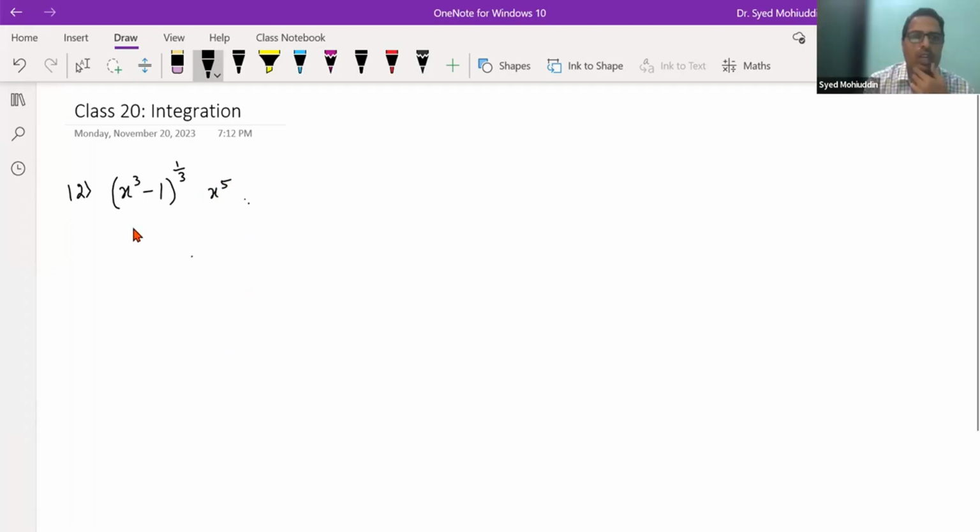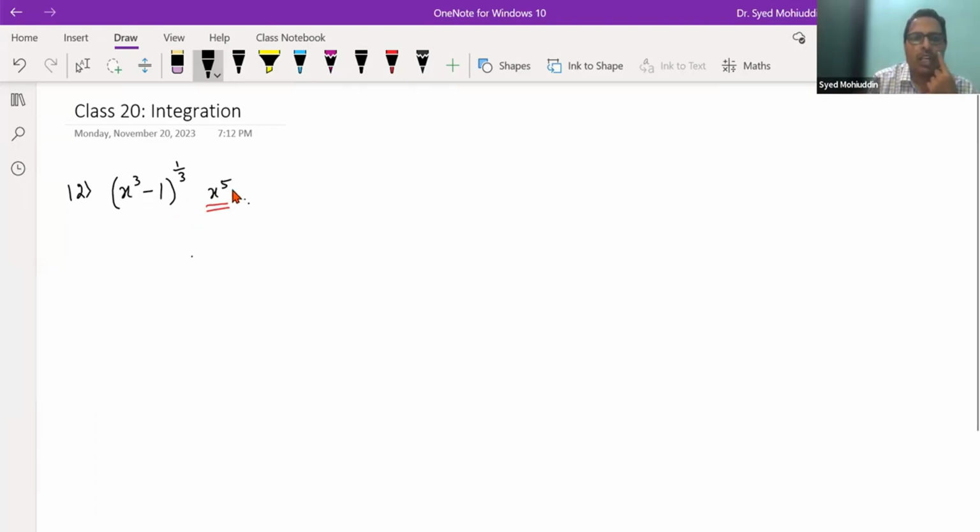So here you have (x cube minus 1) to the power of 1 by 3 into x power of 5. If we observe this expression, we'll try to rewrite it, because you have to take one value to be equal to t, and one should be the differentiation of the other.